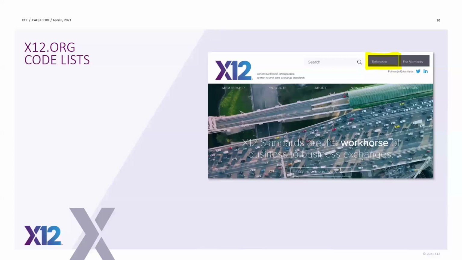Another cool tool that has been and will continue to develop is examples. In the implementation guides, for every segment, you see a little example of what the segment looks like. But these examples are based on a use case and include the entire transaction from ISA through IEA and everything in between, showing you how to build a transaction for that specific use case.